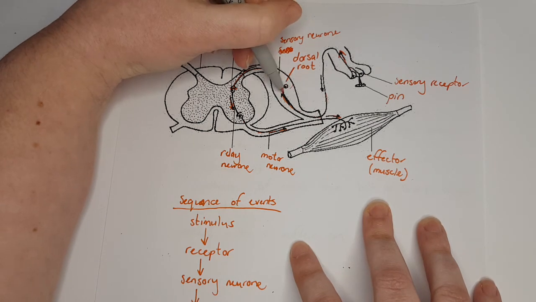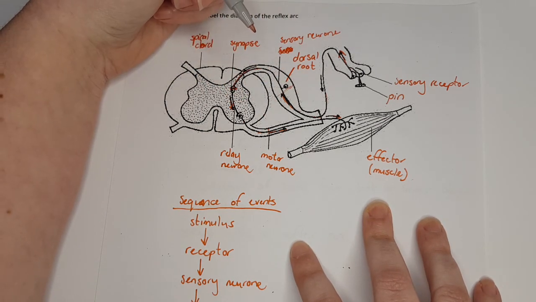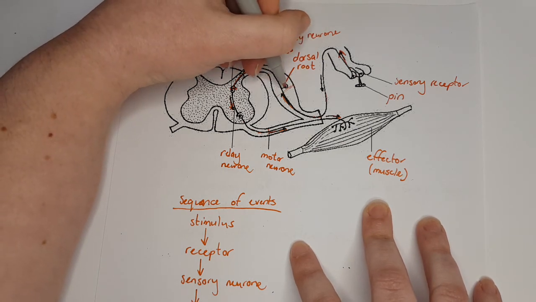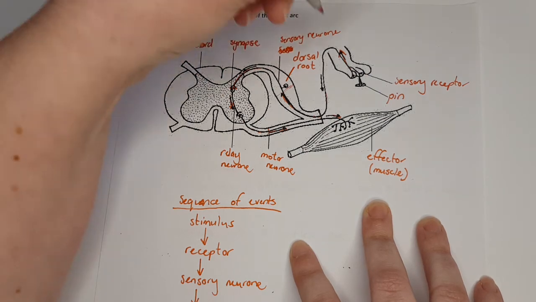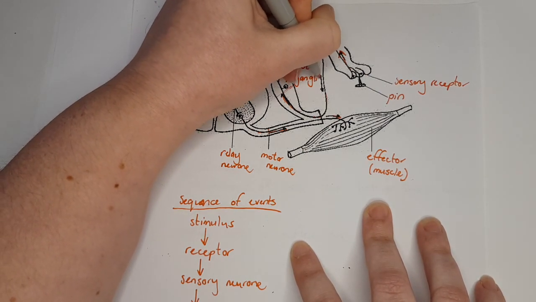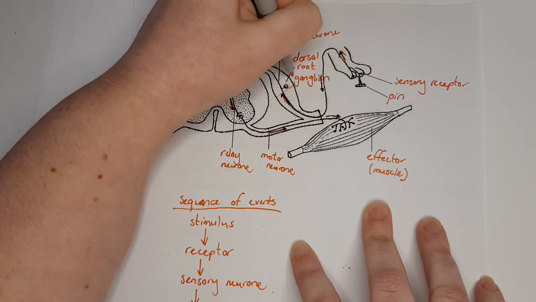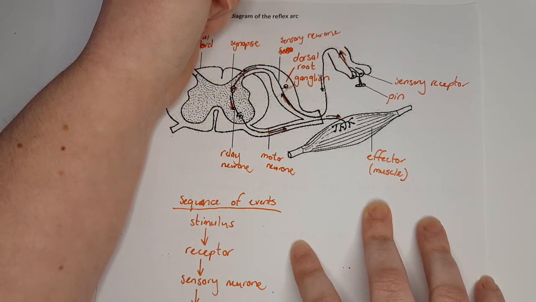And you can see it's quite much larger than the side with the motor neuron, specifically because it consists of a lot of your cell bodies, and we call it the dorsal root ganglion. Ganglion.